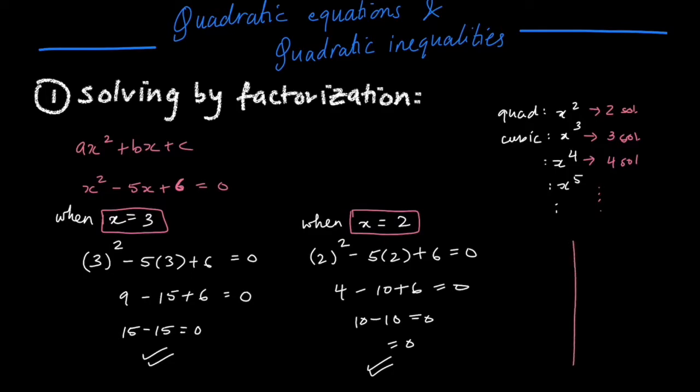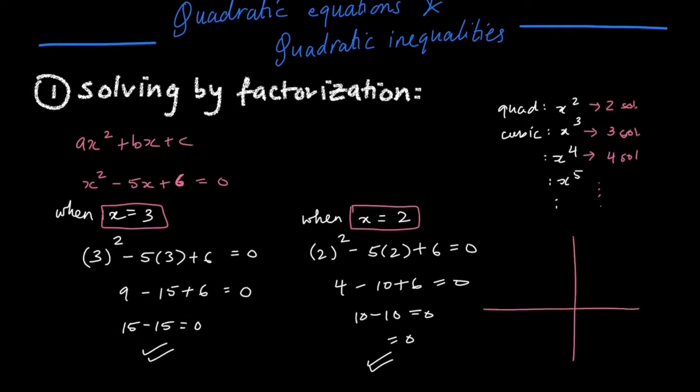If this is a bit confusing, let's say we have a quadratic. A solution is basically when the graph meets the x-axis. That's called a root. So a quadratic will have 2. A cubic, which looks something like this, will have 3.